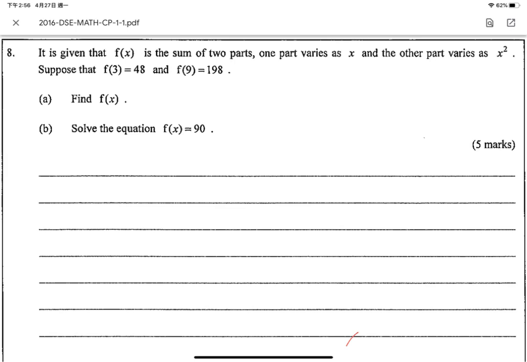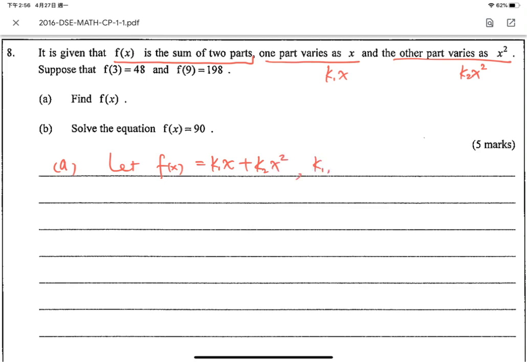So let me just show you here quickly. For part A, because f(x) is the sum of two parts, one part varies as x, which is k1x, and the second part varies as x squared, which is k2x squared. So we can let f(x) equal to k1x plus k2x squared, where k1, k2 not equal to 0.